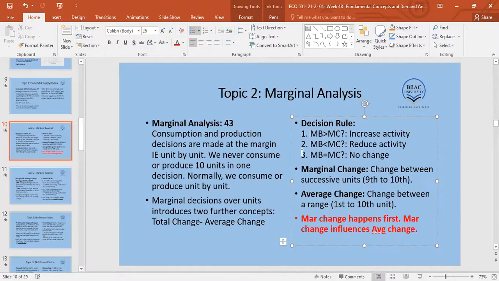I go and see that the price of the water is 10 taka. Will I have the second glass of water? No. So now see, when my additional benefit is clearly more than my additional cost, my net benefit is positive. I give a definite yes.